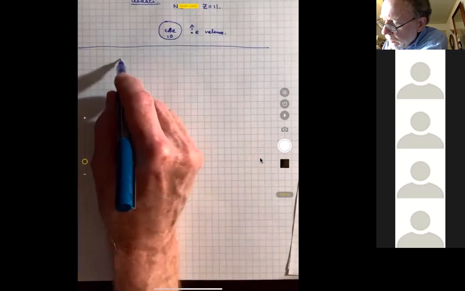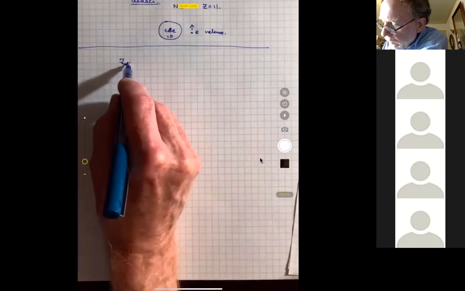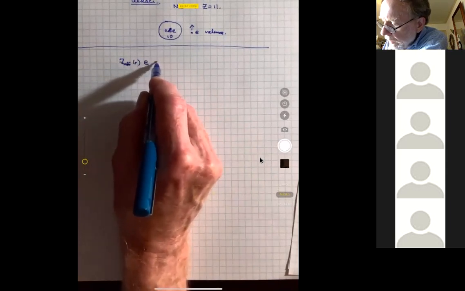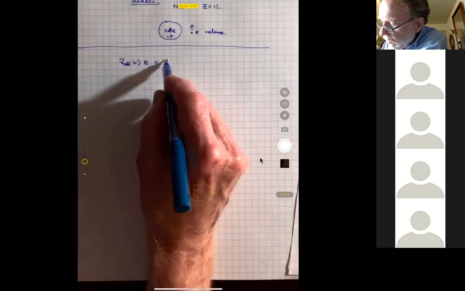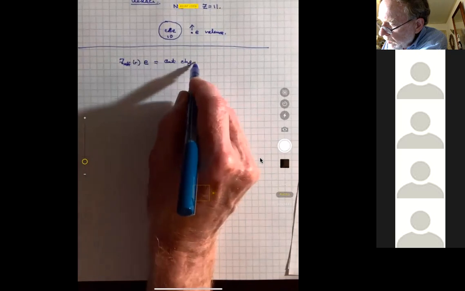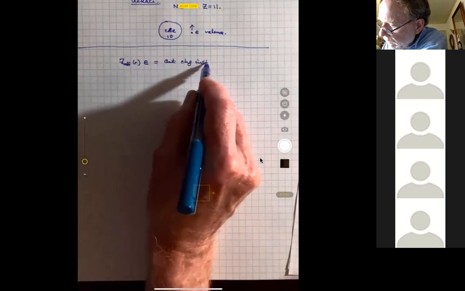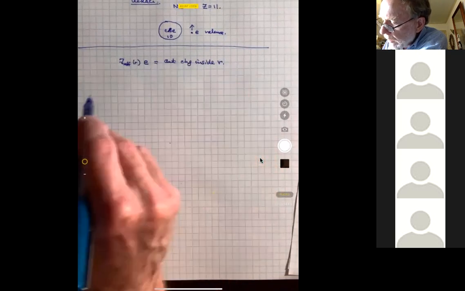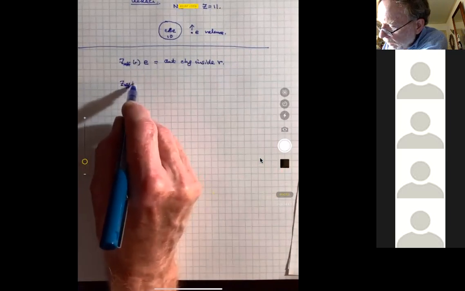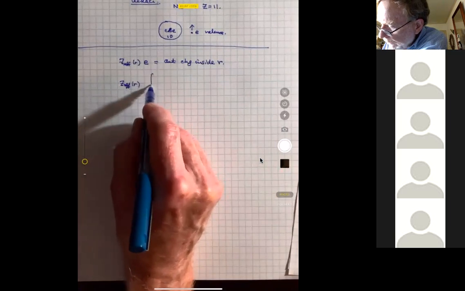So to do this, let's introduce what I'll call the Z effective as a function of radius. So the Z effective times e, let's write it this way, is by definition the total amount of charge inside the radius r. I'll just write it in words because it's easier to say it that way. If this is the case, then we can make some statements about Z effective of r.